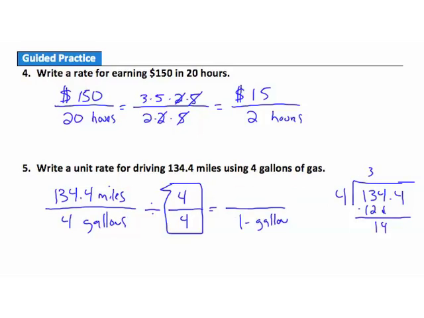Bring down the 4. 4 goes into 14 3 times again. That's 12. Subtract, we get 2. Now we'll bring down that last 4. 4 goes into 24 6 times, and it's going to go evenly in there. If we subtract it, we'll get 0. So it looks like we're going to get 33.6 miles for every 1 gallon of gas.